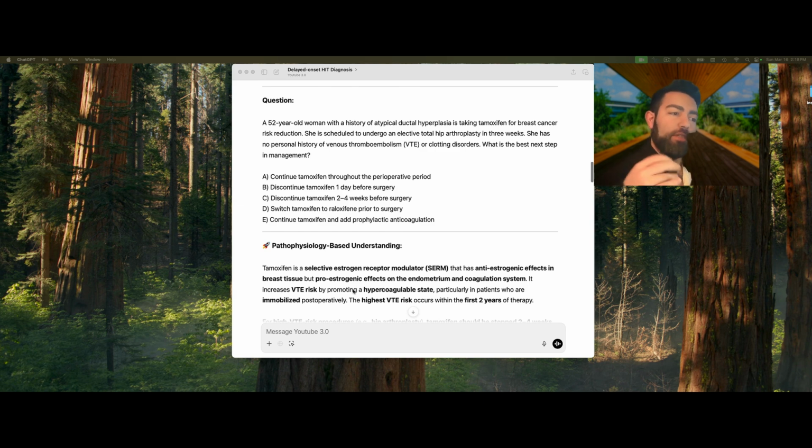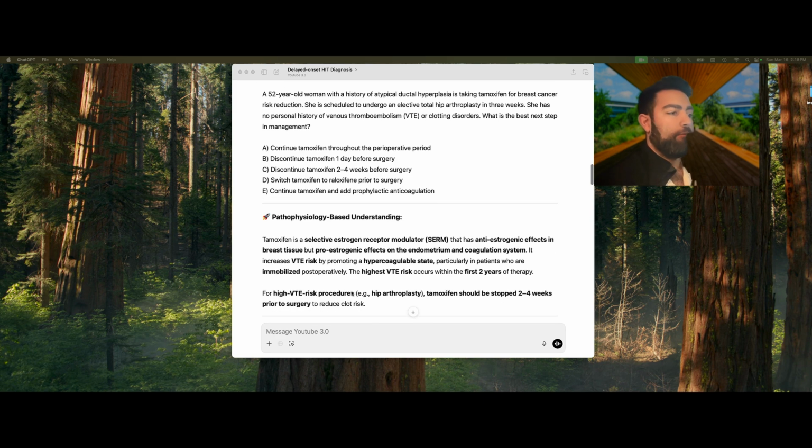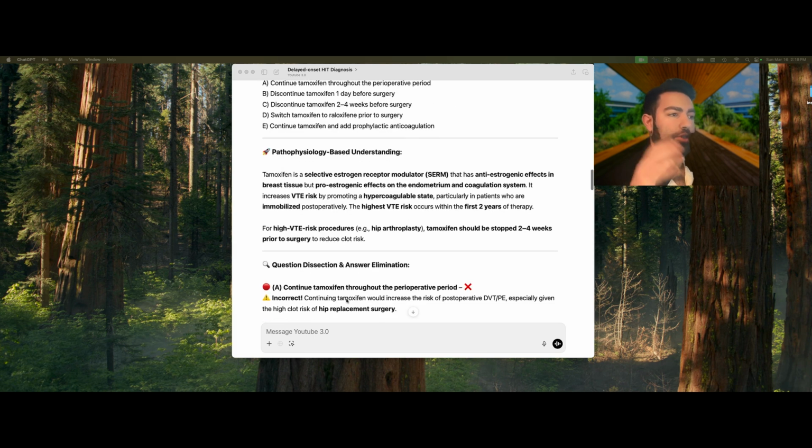The highest VTE risk usually occurs within the first 2 years of the therapy. Now, for high VTE risk procedures such as a hip arthroplasty, tamoxifen should be stopped 2 to 4 weeks prior to surgery. And this is what the question was trying to test you on.